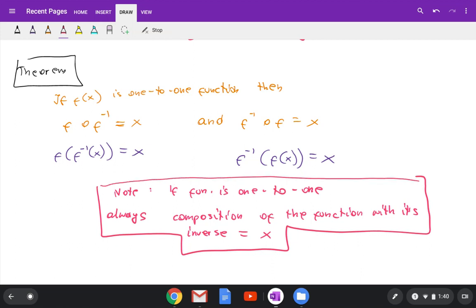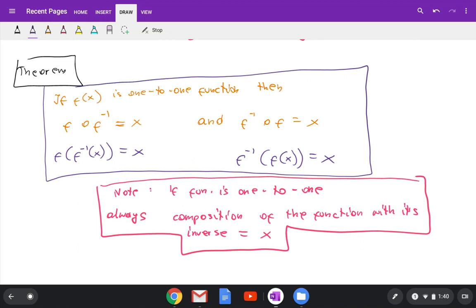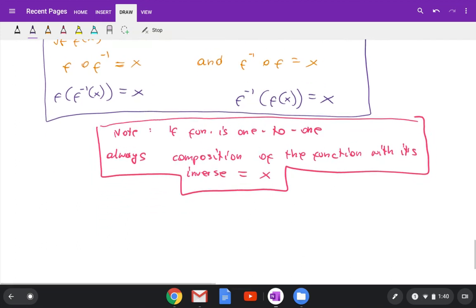Technically, why this is always equal x, because original function, which is one-to-one, and her inverse, if you graph it together, those graphs will be symmetric with respect to the line y equal x, okay, which we call identity function. So that's why you have that. Okay, it comes from actually from graphing.